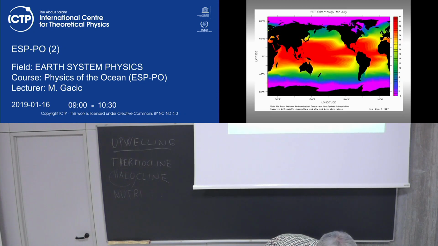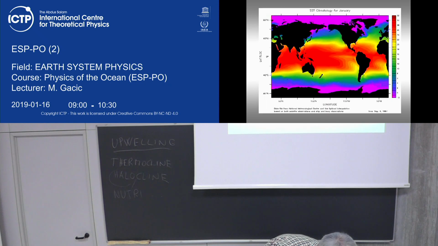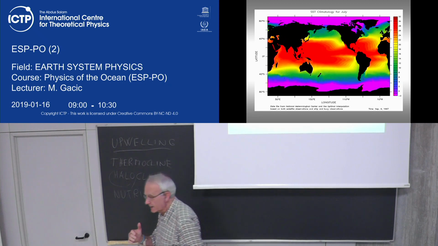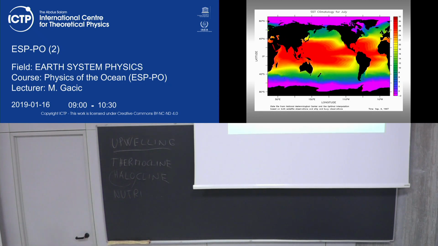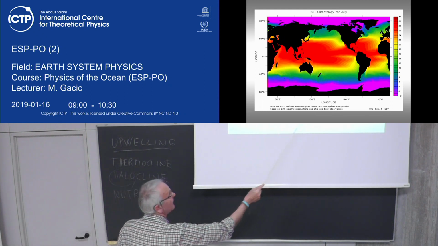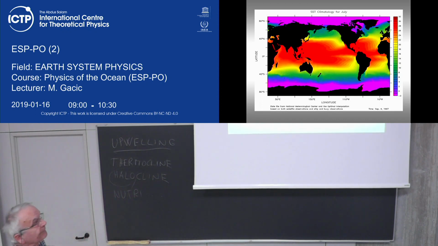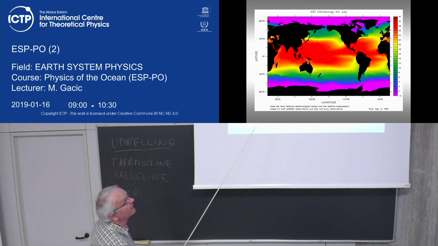You see the July and January are very similar to each other, except for the fact that July is the northern hemisphere summer and the southern hemisphere winter, and so simply this central warm area moves north and south depending on whether we are in summer or winter.